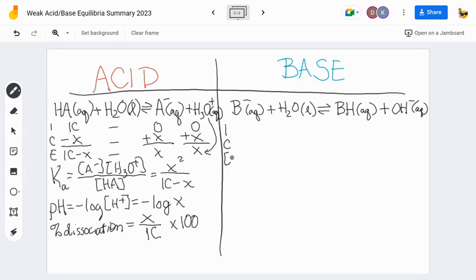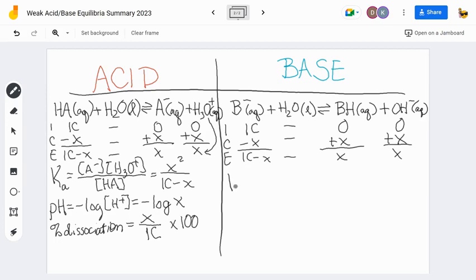The general form of our ice chart. This is going to be the initial concentration minus X. We don't concern ourselves with water because it's a liquid and we're only concerned with aqueous. These start off at 0, plus X, and the general form of our ice chart will always be the same.